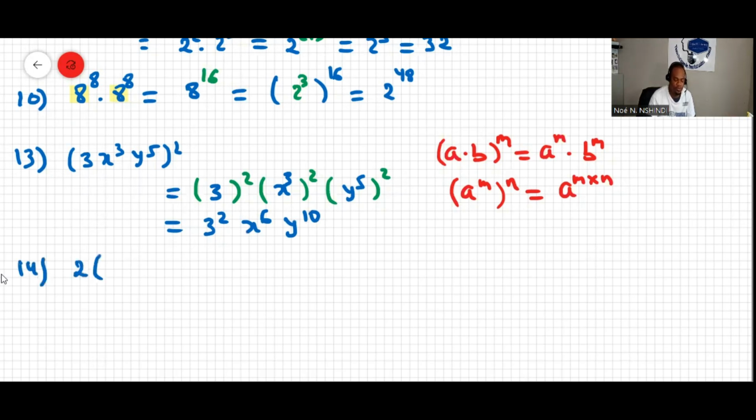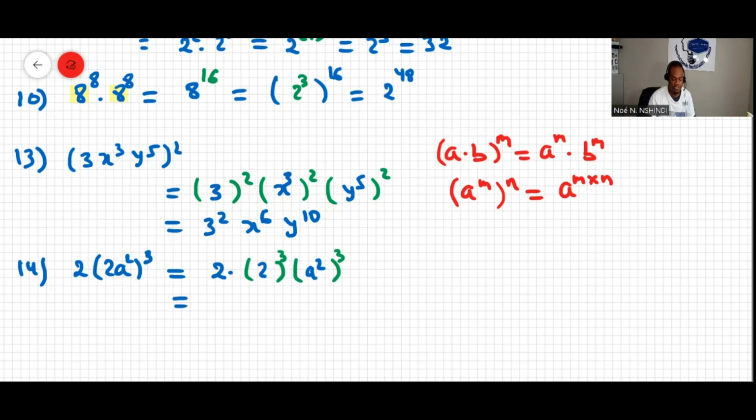Question 14 says 2 times (2a squared) raised to the power of 3. So in this case, we're going to write 2 multiplied by this part. We're going to apply this law, because this means we put the cube on each term. That's going to be 2 to the power of 3, and then a squared to the power of 3.